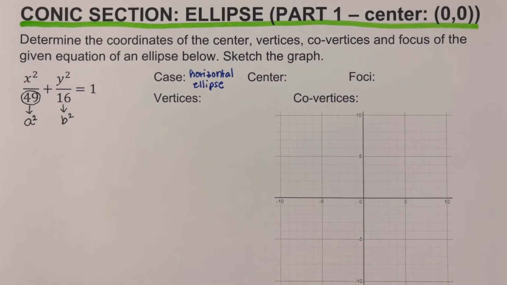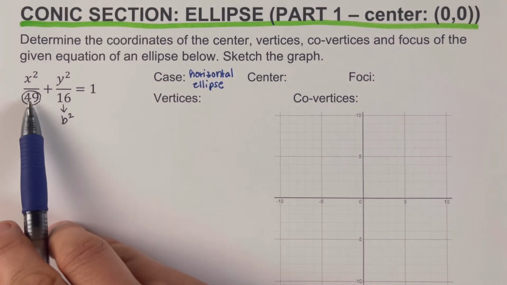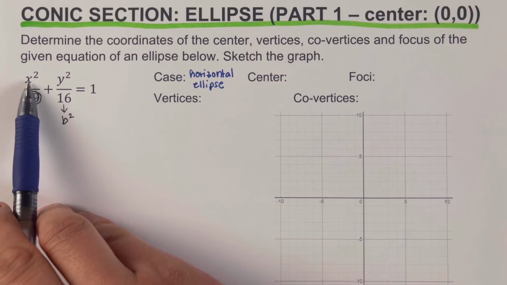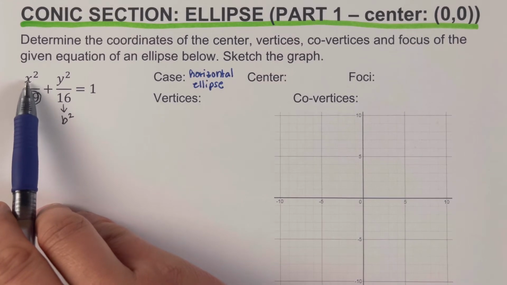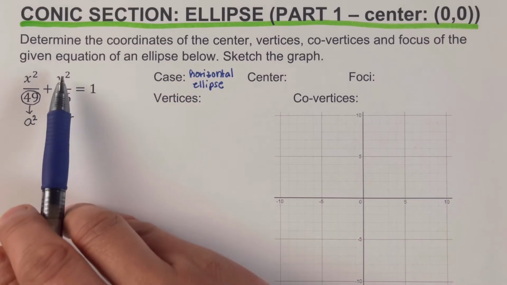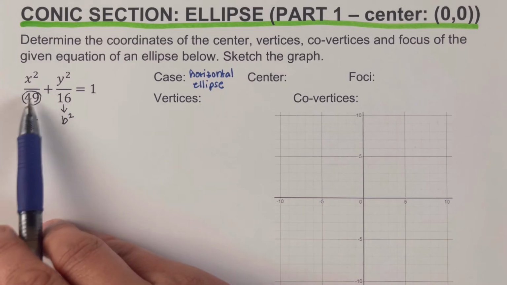The reason why this is a horizontal ellipse is because the bigger denominator is under the x. And remember, x is either left or right, and so it's a horizontal ellipse. Now, if the denominator under the y was bigger, then it would have been a vertical ellipse. But for this case, we have a horizontal ellipse.